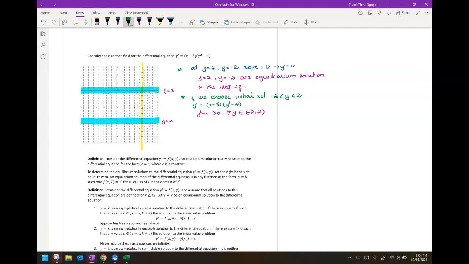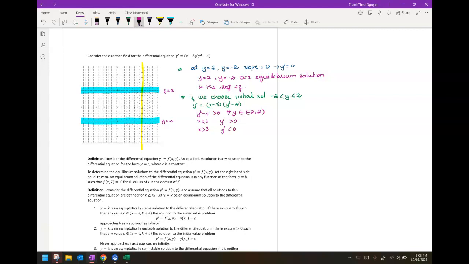So here you can see that when x is less than 3, then y prime is going to be greater than 0, right? When x is greater than 3, y prime is less than 0.